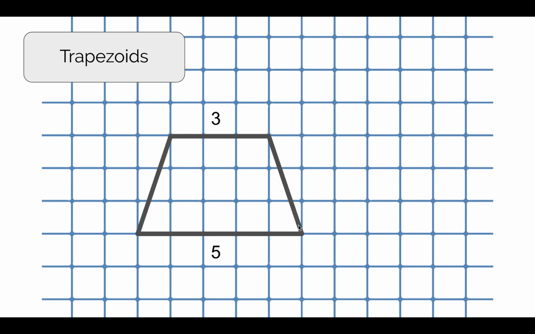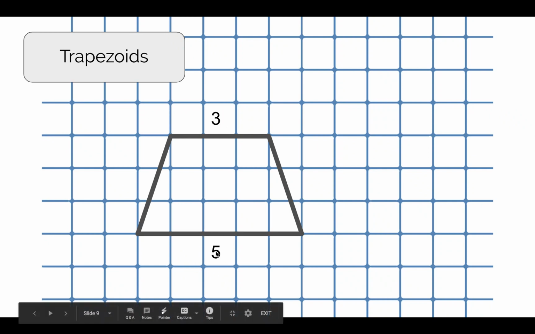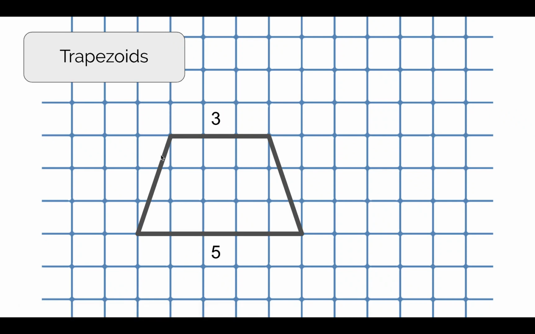This trapezoid looks a little bit different, but it follows the same principle. Now I have 1 base of 3 units and 1 base of 5 units. Again, I could go ahead and cut off this triangle, flip it over and put it on this side, and then this base would be 4, and this base would be 4, because I cut 1 from the bottom and add it to the top.